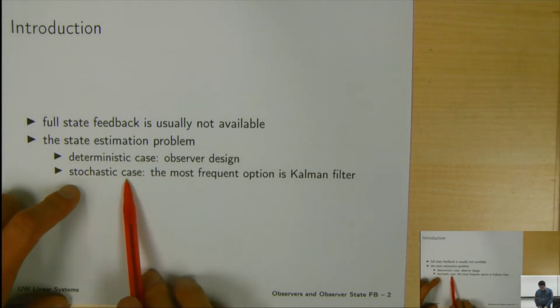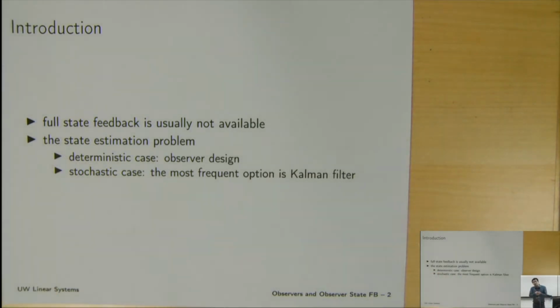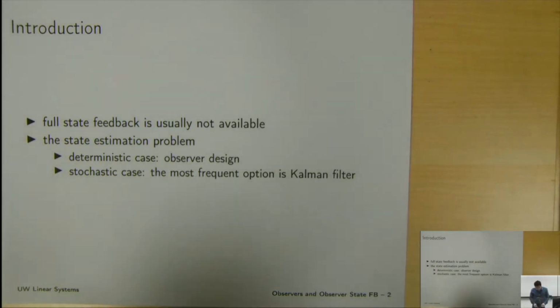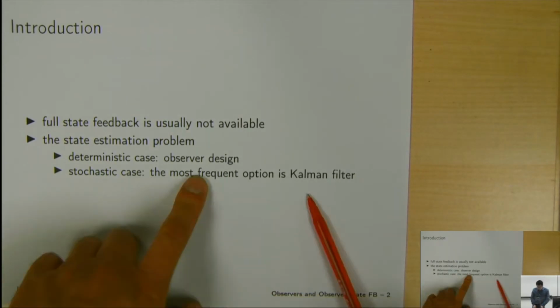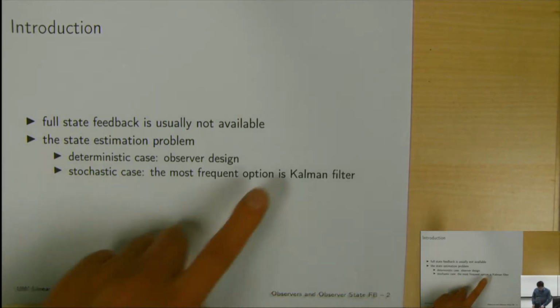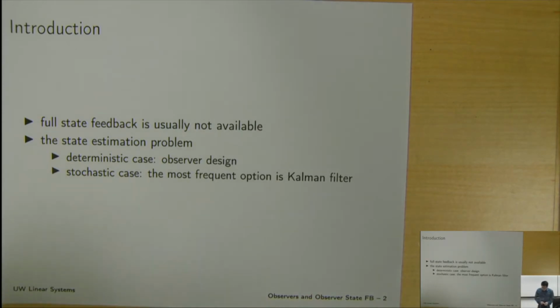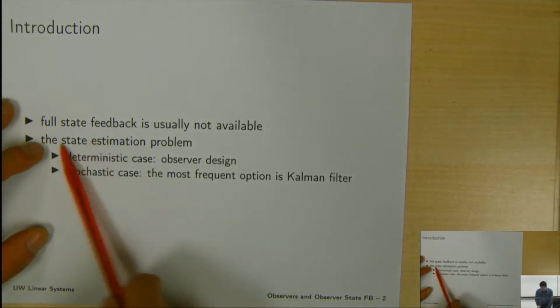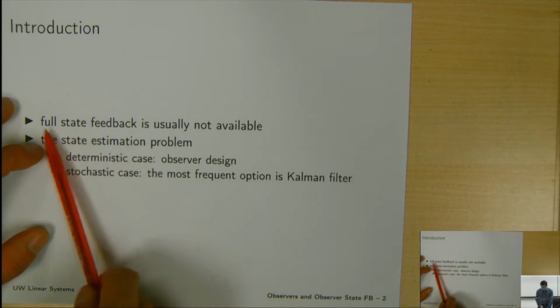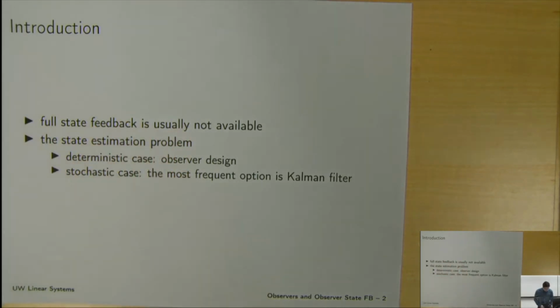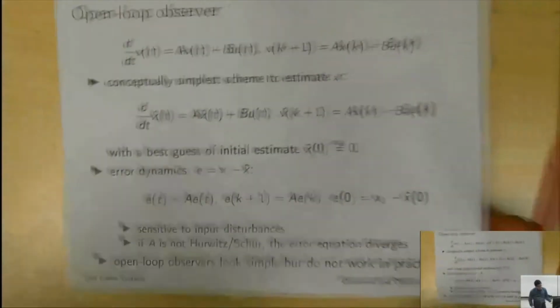And in the stochastic case, if we have random disturbances going into the system, or maybe the measurement has some noise, then this goes to the concept of the Kalman filter, one of the best known techniques in not just controls, but also signal processing and a lot of computer science problems. All right. This state estimation problem is motivated by the fact that full state feedback is usually not available.